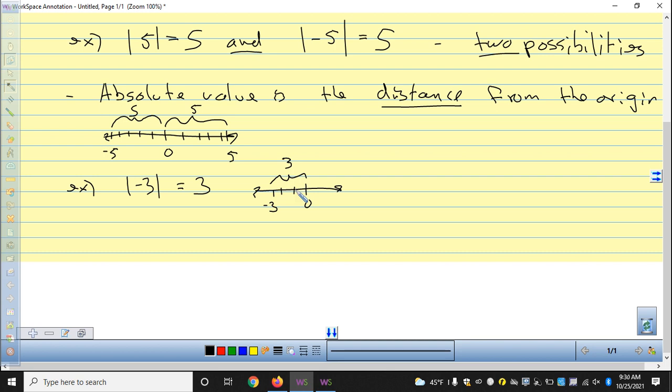That's what absolute value means if we think about it geometrically, or on the number line. But we always have two possibilities for how far something is from the origin. We can have the positive possibility and the negative possibility. So when we solve absolute value equations, we always get two answers.